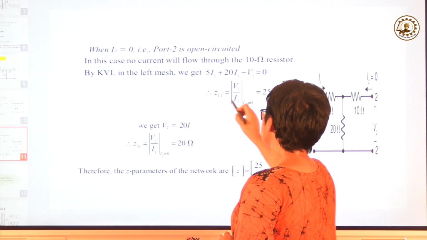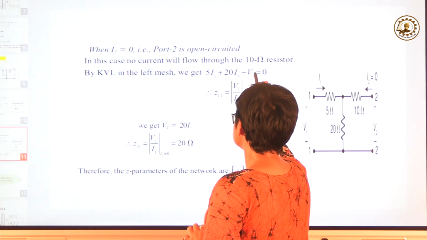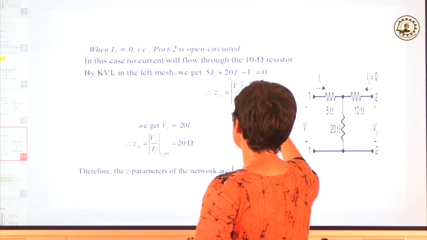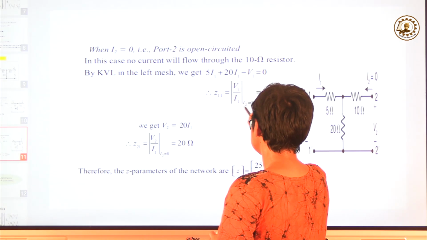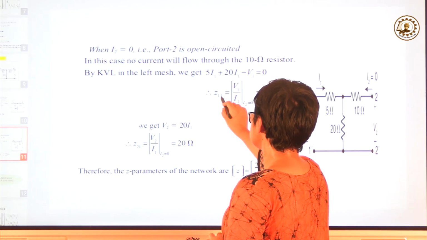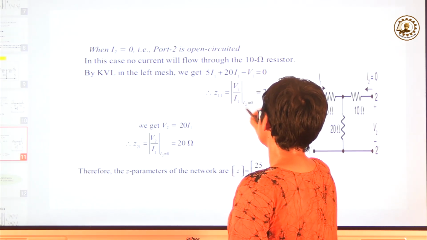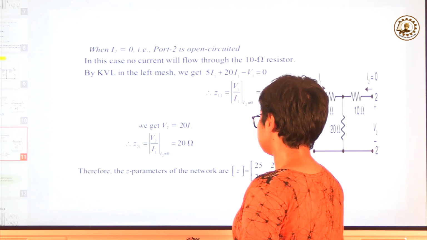So the relation between voltage and current at port 1 when we keep I2 equals to 0 is nothing but Z11, and therefore we get the value of Z11.